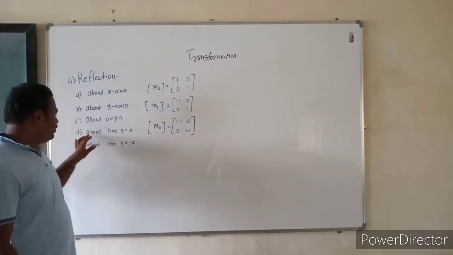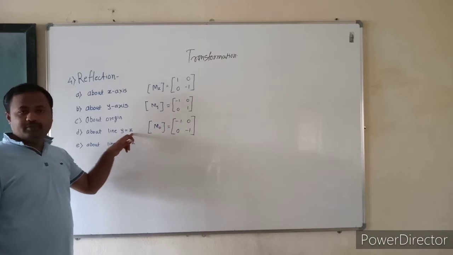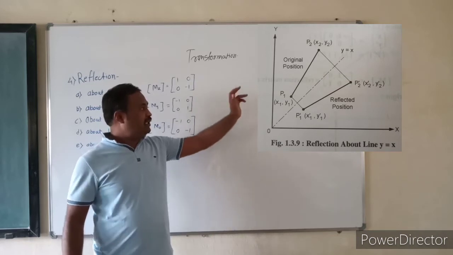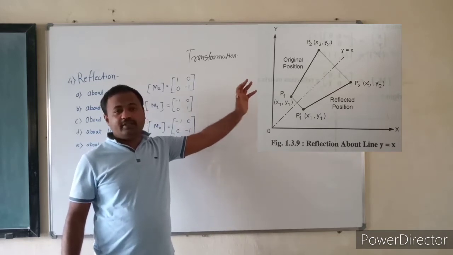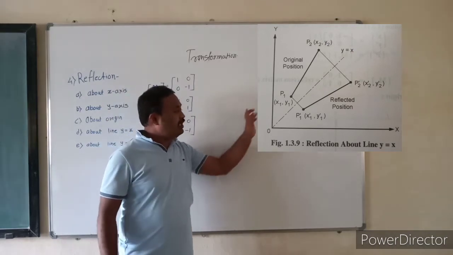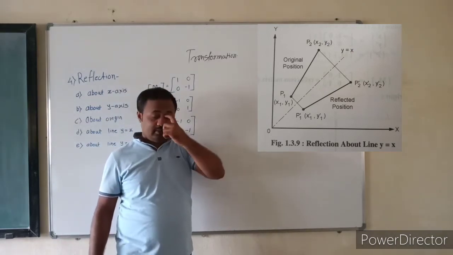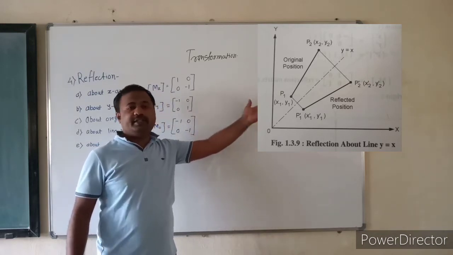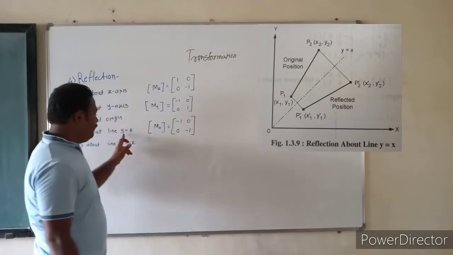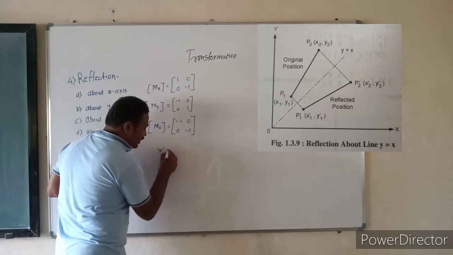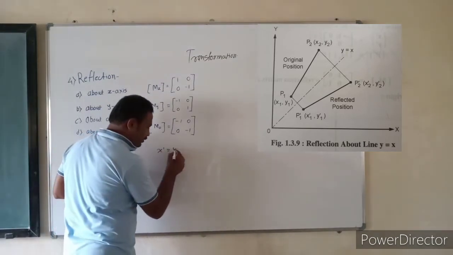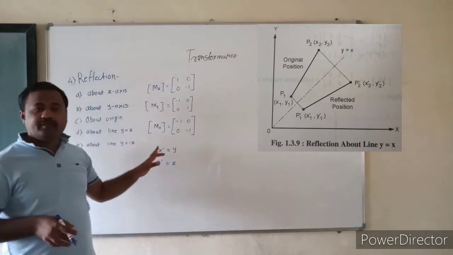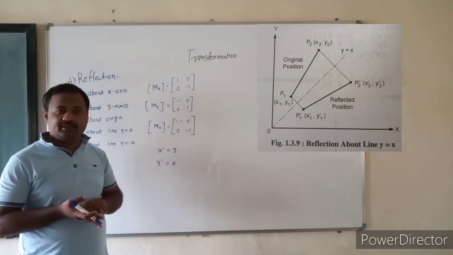For reflection about the line y equals x, the diagram shows that line P1, P2 is reflected about the line y equals x. Then the new coordinates x dash become y and y dash become x, because the line is y equals x.